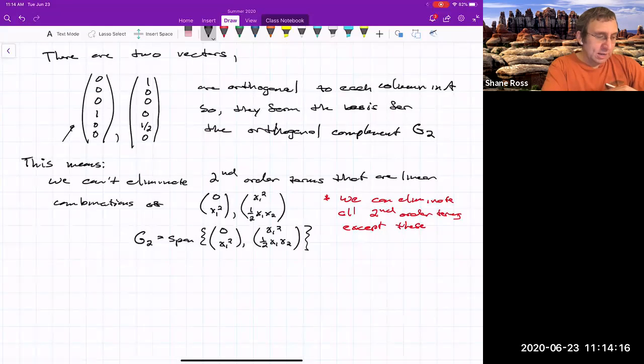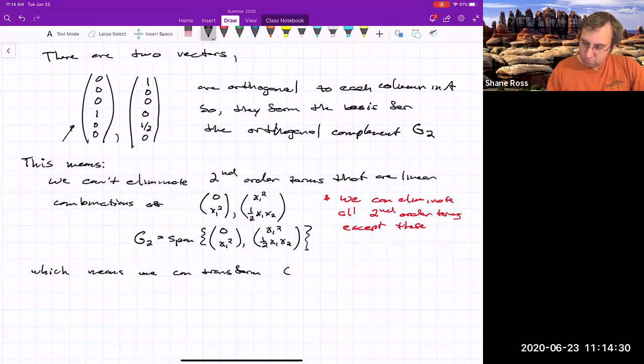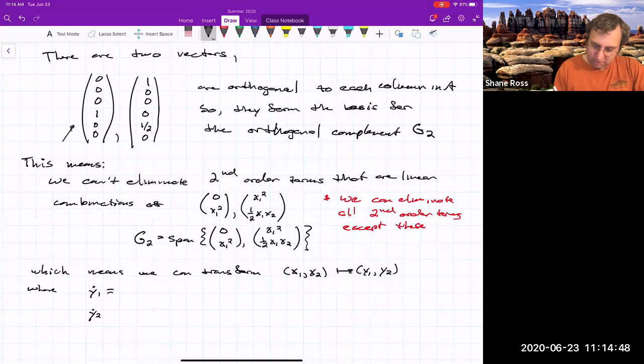So this means that we can transform from x1, x2 to y1, y2, where in the new equation, what do we have?